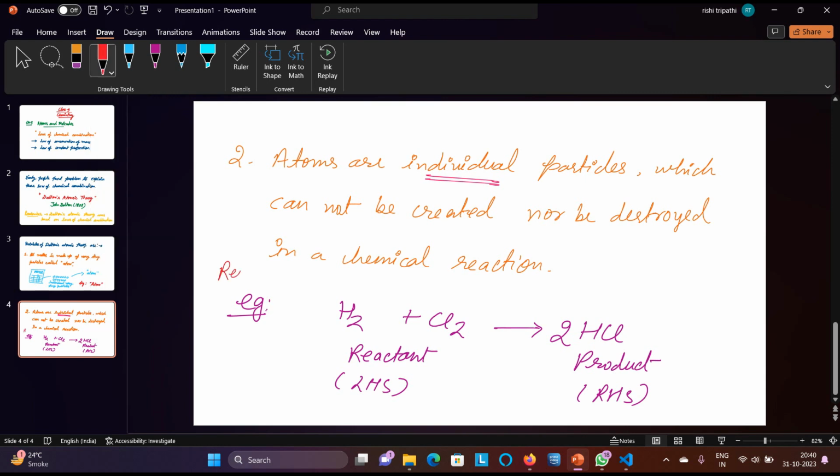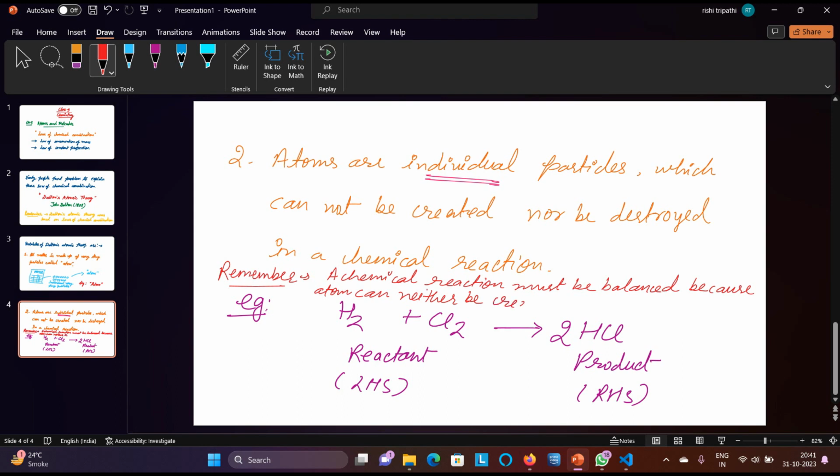So you will remember, a chemical reaction must be balanced because atoms can neither be created nor be destroyed in a chemical reaction.